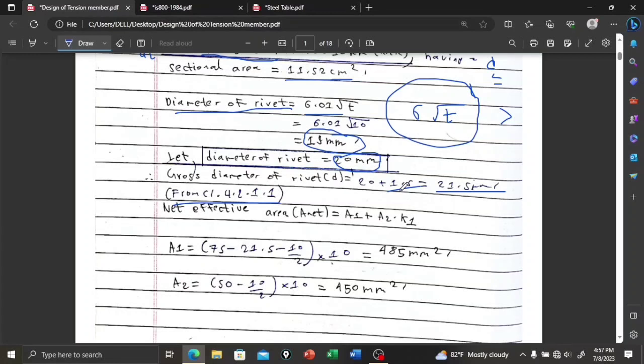So this is less than 25, so we choose this 1.5.